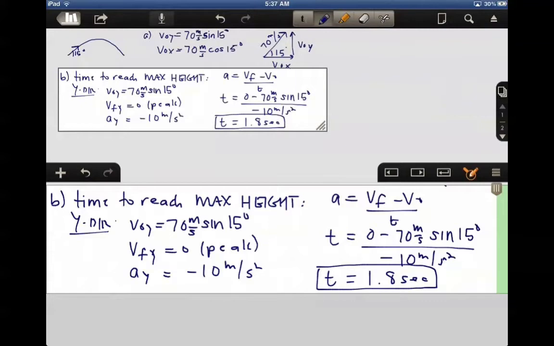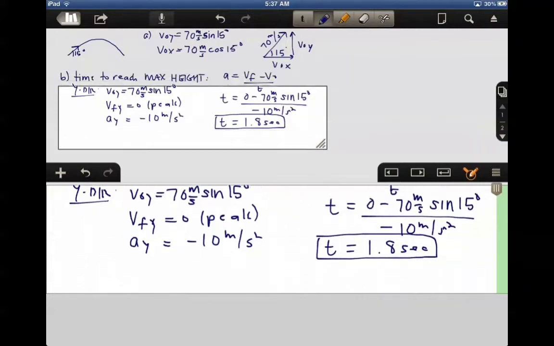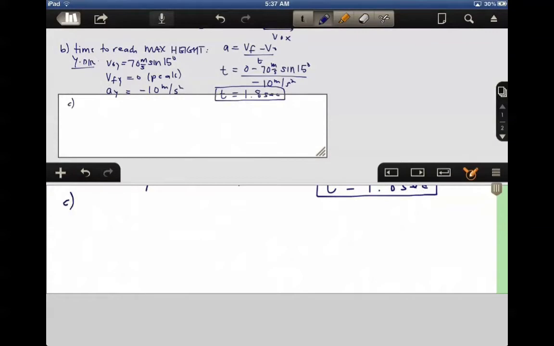The next question was to find the maximum height. So again, I'm looking at the y direction. Remember, a key idea in projectile motion is that you really only can look at one direction at a time. The only quantity that applies to both the x and y direction is time. So in this question, I'm going to try to use the following equation to find a distance.